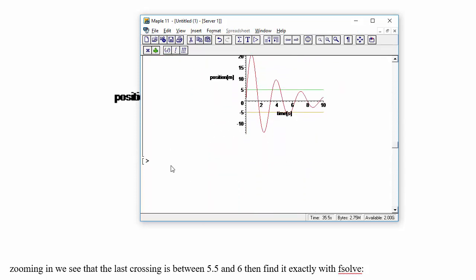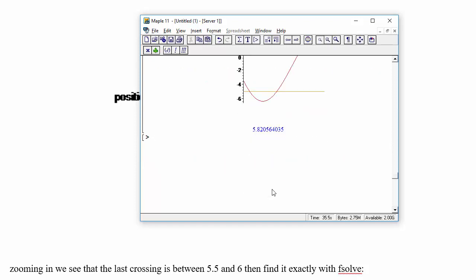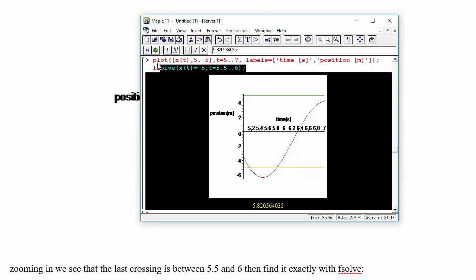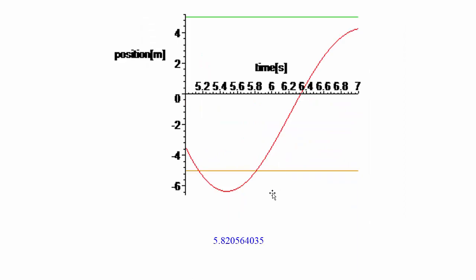For this part, we might go on a completely new line just to copy over this temporary bit of information itself. Okay, so there's our zoomed in plot. And we go, okay, 5.5 to 6, and include the code and the solution. Therefore, the last time the module is more than 5 meters away is at t equals 5.82 seconds. Done.